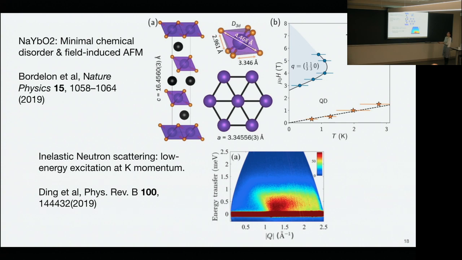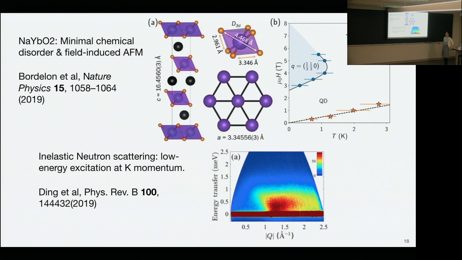This material has very minimal chemical disorder, and aside from linear temperature dependence of the heat capacity, they also find that upon applying a magnetic field, the system enters into a magnetic ordered phase, which means that this disordered ground state is driven by intrinsic quantum spin fluctuation rather than some chemical disorder.